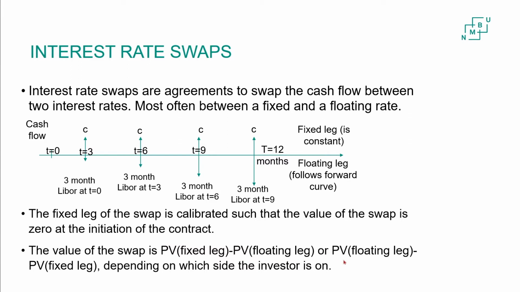Or if you are receiving the floating leg and paying the fixed leg, then the value of the swap is the present value of the floating leg minus the present value of the fixed leg.